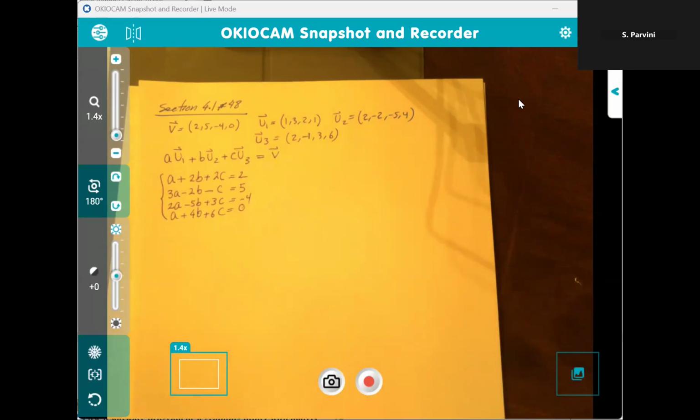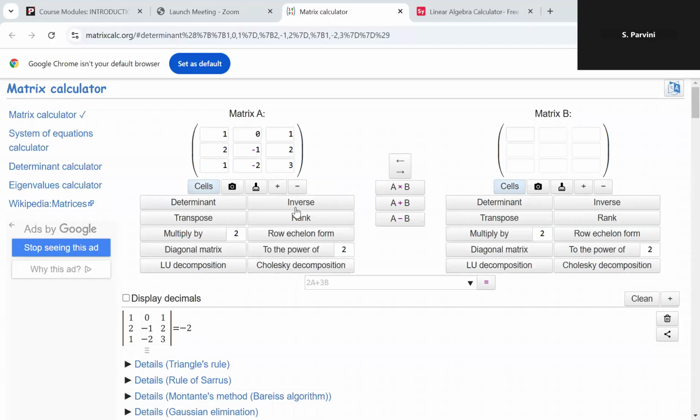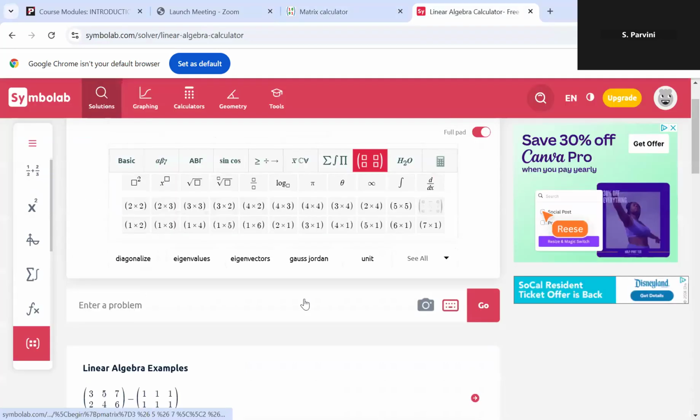So, how do you suggest we solve the system? Oh, first, before you suggest how we're going to solve the system, any question on how I set up the system? Okay, so hopefully everyone's okay.